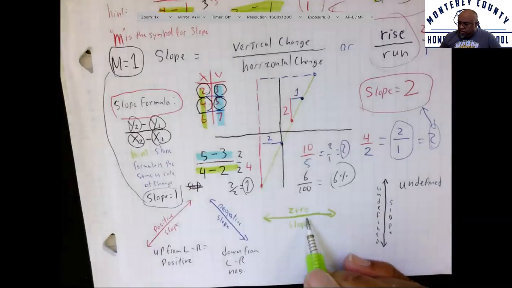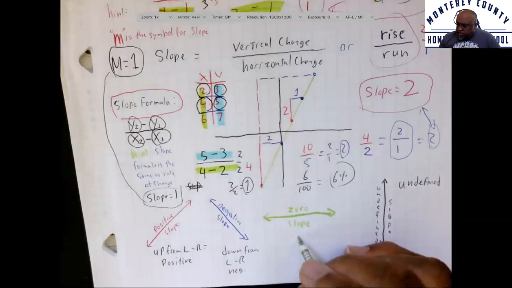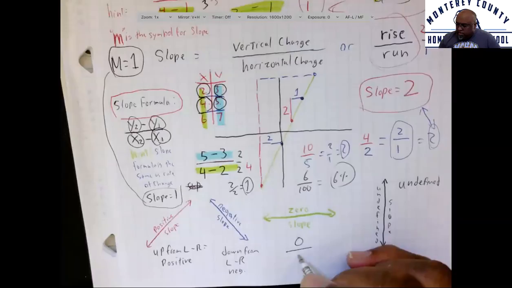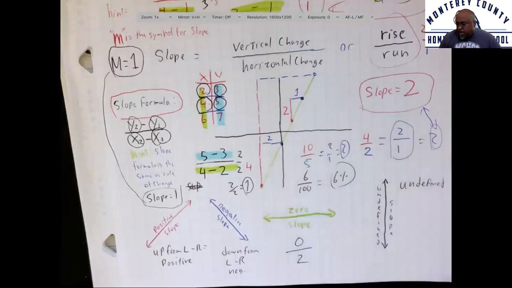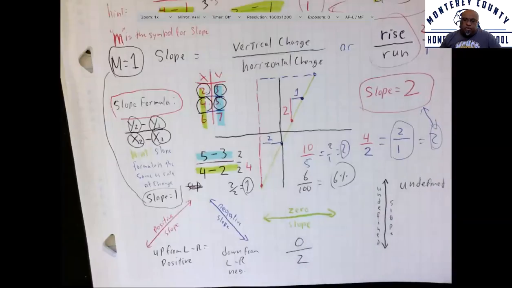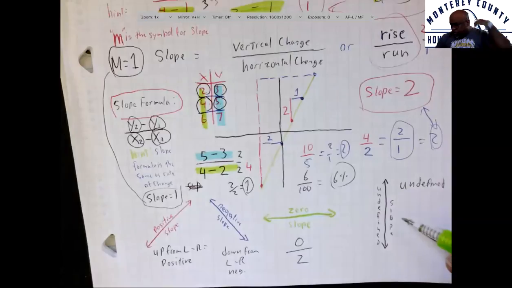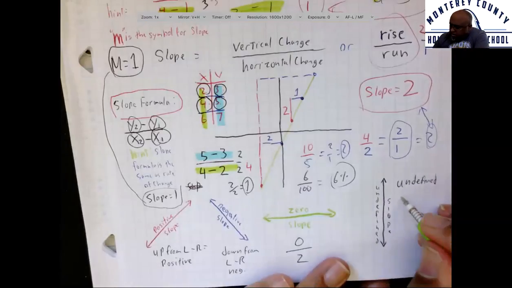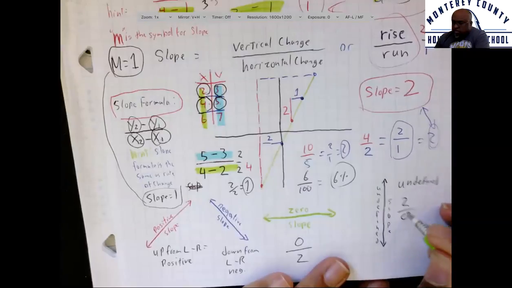Like, for example, zero slope: if I were to give you a number for it, then the rise would be 0 and the run could be anything. So I have 0 divided by 2. Well, there's nothing to divide, okay? But if I have a perfectly vertical line and no horizontal, then it could be, for example, 2 divided by 0.